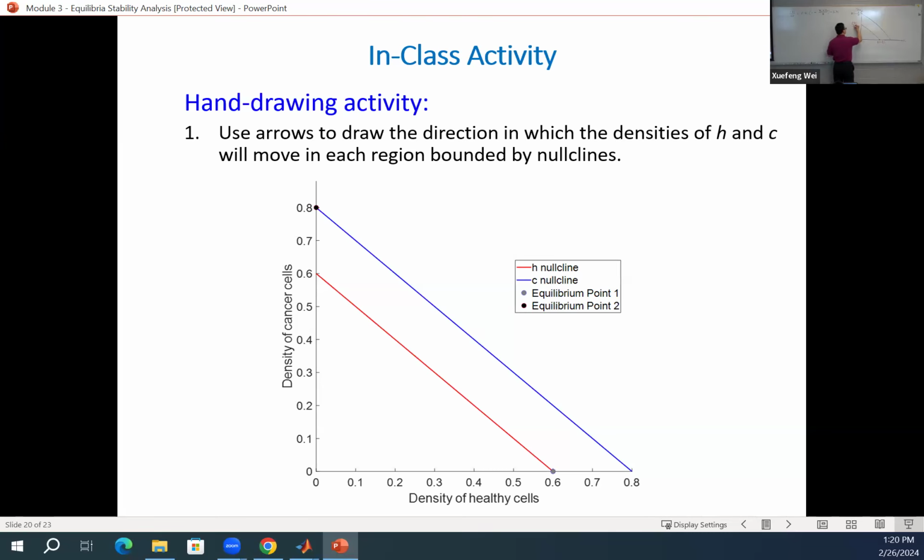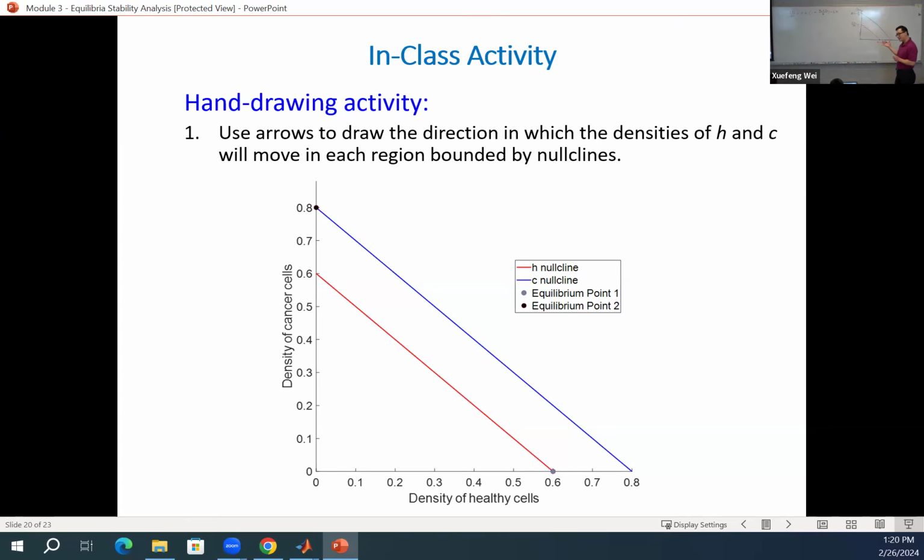This is the line for this red line here. Same thing, this line is dx2/dt equal to 0.